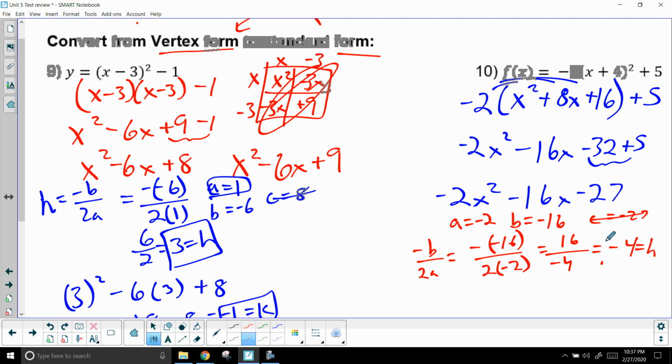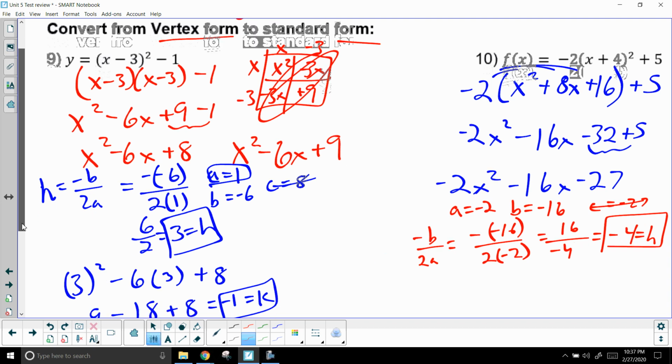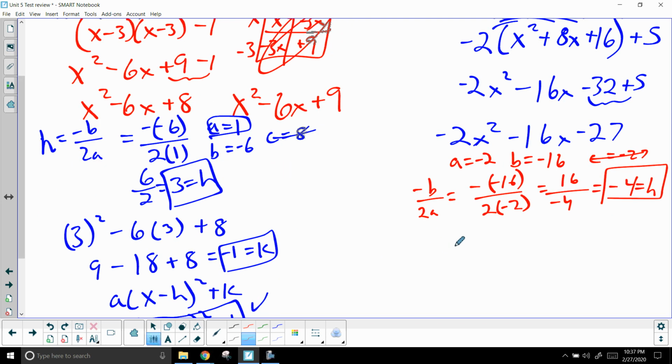All right, plug that back in. So negative 2 times negative 4 squared minus 16 times negative 4, minus 27. I'm going to need my calculator for this. Negative 4 squared is going to be 16. 16 times negative 2 is going to be negative 32. And for the life of me, I don't remember what 16 times 4 is.